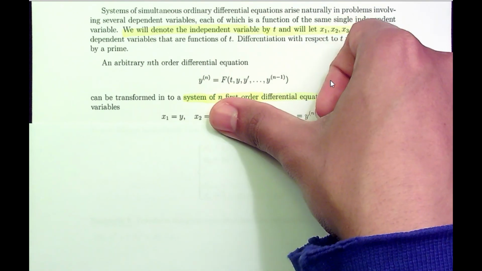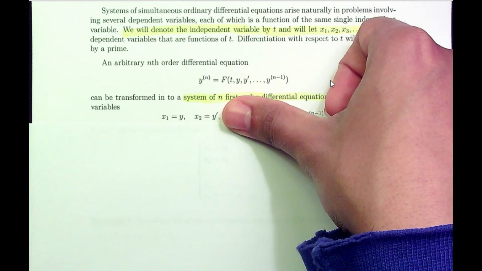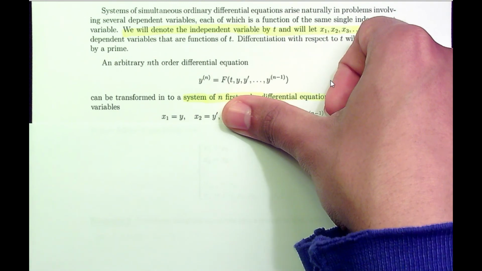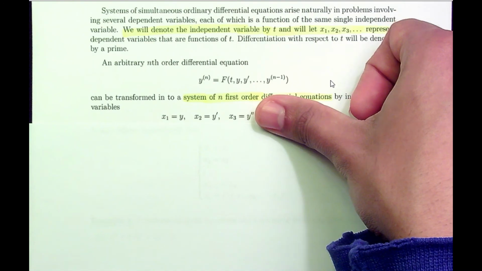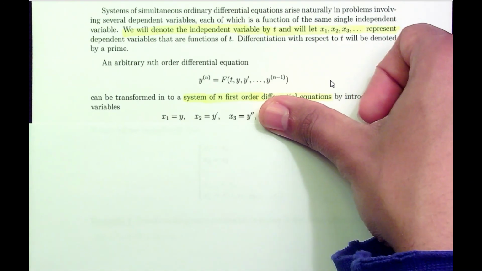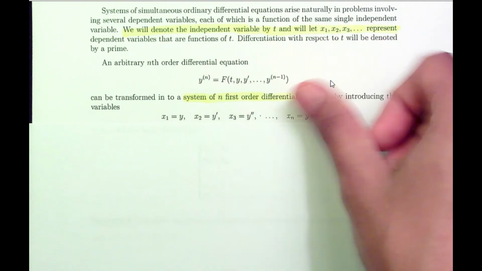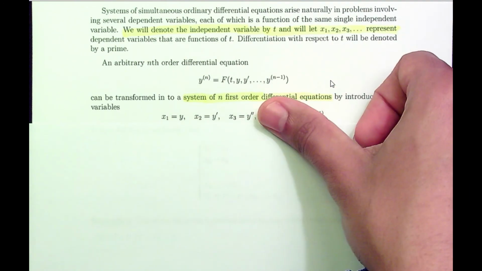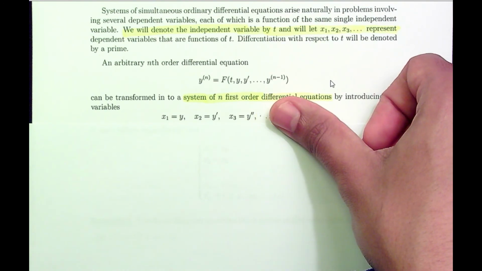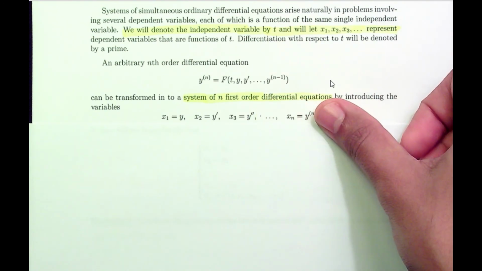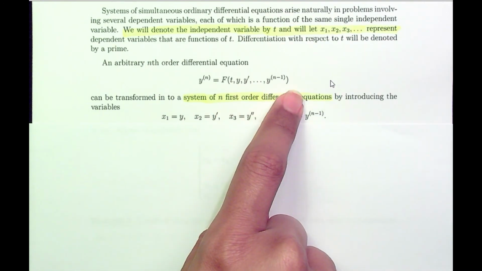Then x2 is going to be the derivative of y. Then x3 is going to be the second derivative of y. Then you keep going, so you keep increasing the derivatives. So x4 would be the third derivative, x5 would be the fourth derivative, etc., until you use up all the derivatives that appear on the right hand side.